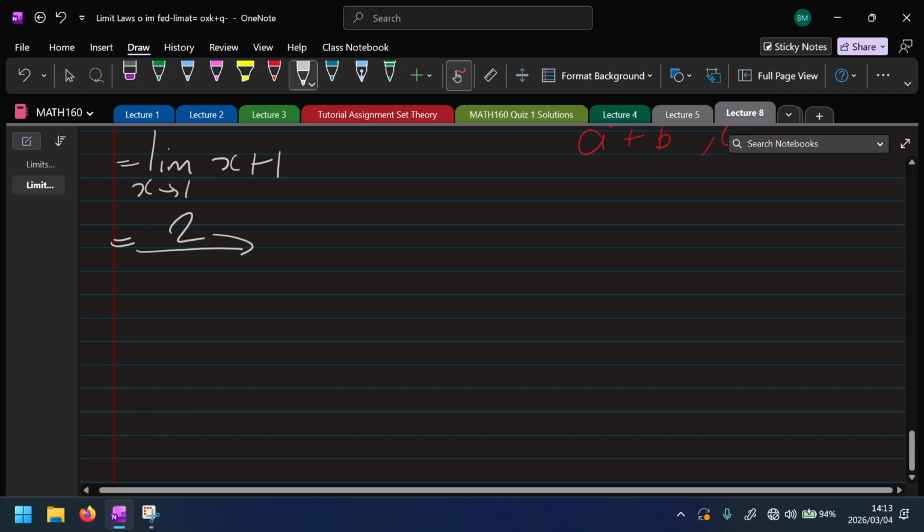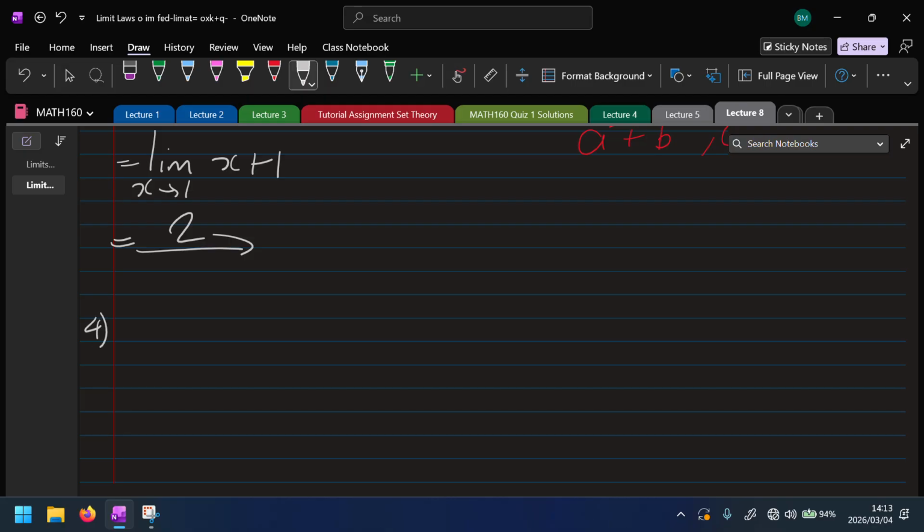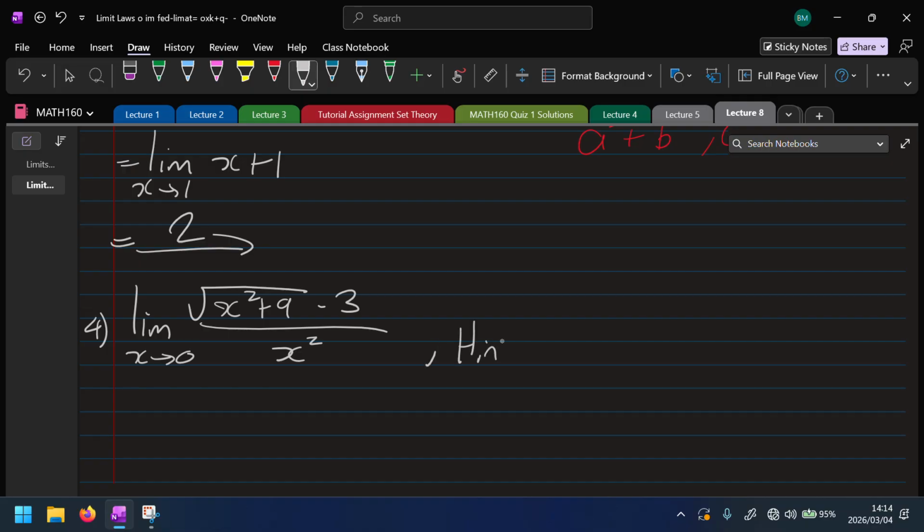Number 4. This will also be for homework. You can try it out. So we have the limit as x goes to 0 of the square root of x squared plus 9, minus 3, over x squared. I'll give you a hint: conjugates. Remember your surds from high school?